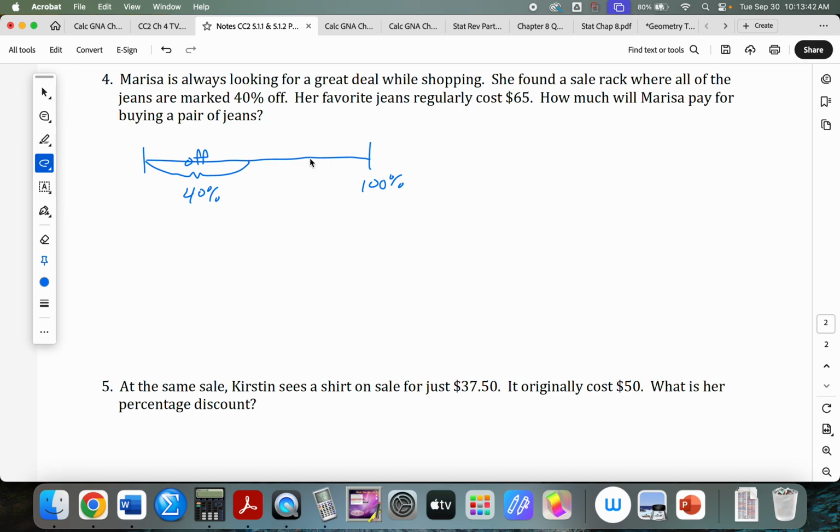Which means the rest of it is the amount that what? She will pay. Yeah, this is the part she's going to pay. What percent is she going to pay? 60%.